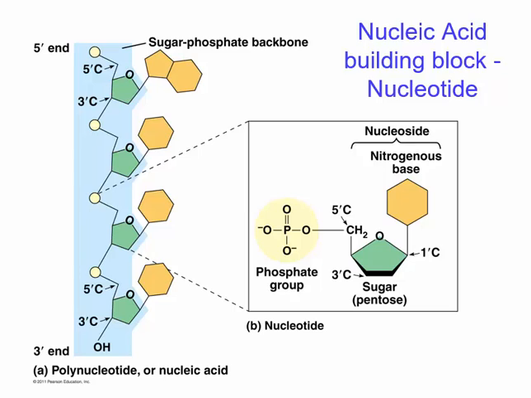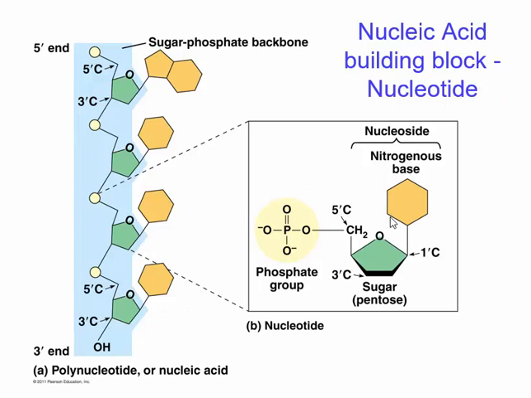All right, but for now, what are the basic structural things that we see with nucleic acids? Well, they're built out of monomers called nucleotides. Here's an example of a nucleotide, and a nucleotide has three components. It has a phosphate group attached. It has a sugar, a 5-carbon sugar, a pentose, and then you have these nitrogenous bases.